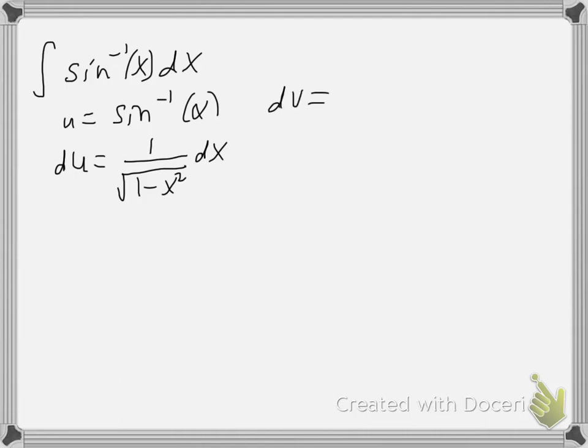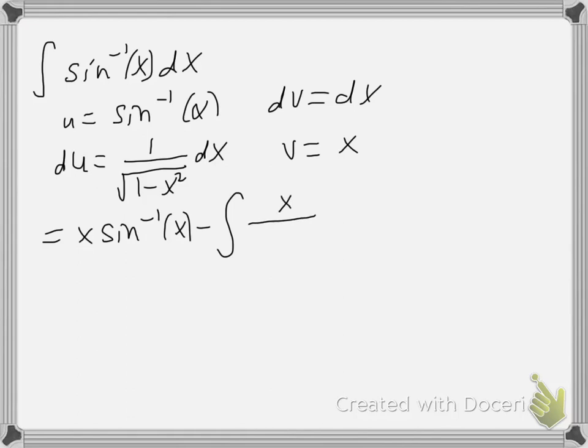Let's say dv is whatever we have left over, so that's just dx. v will be equal to x. So, using the integration by parts formula, we're going to get that this will be x sine inverse of x minus the integral of x over the square root of 1 minus x squared dx.